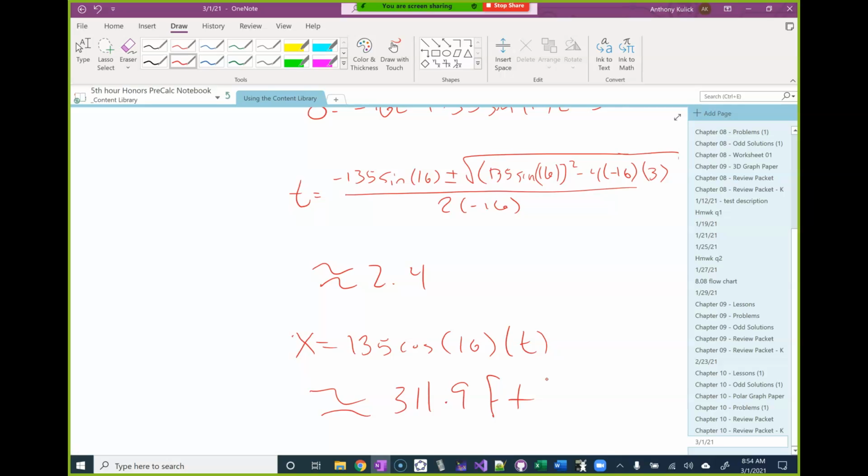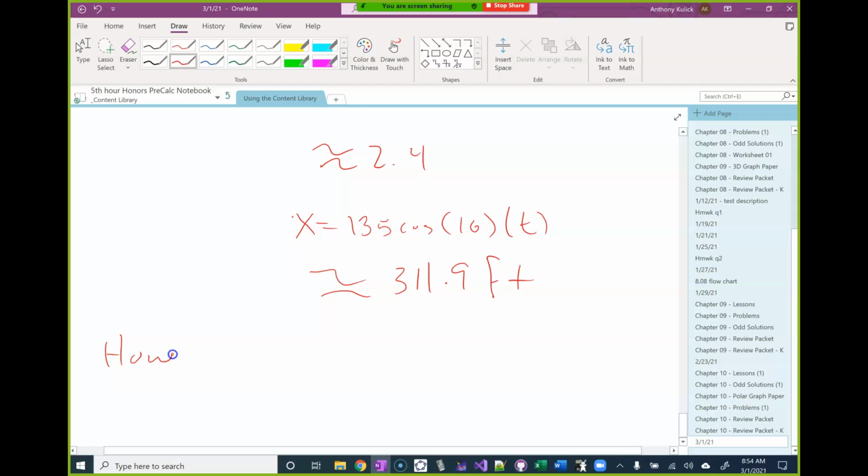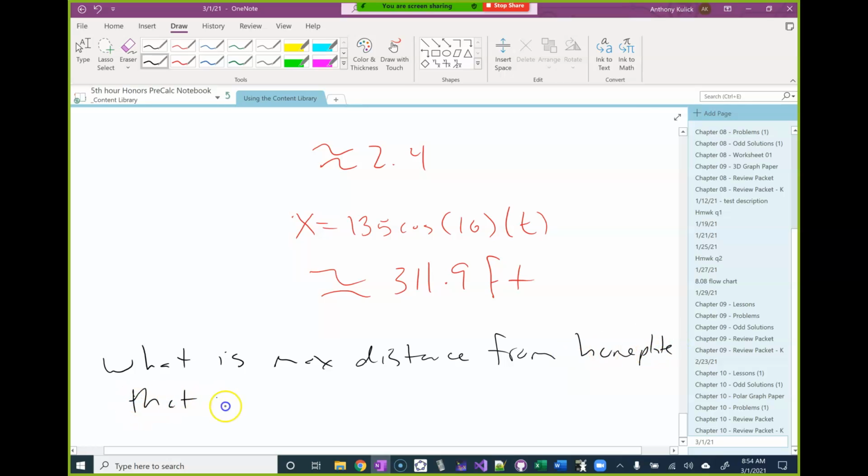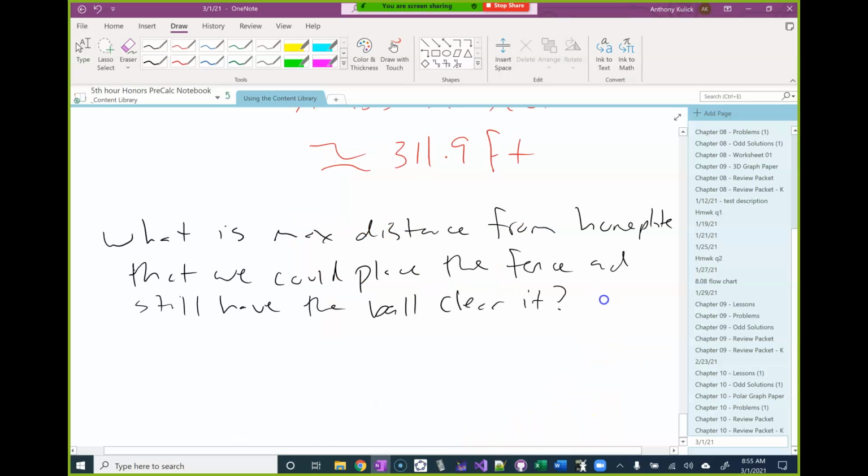One more question we could ask. What if we asked what is the maximum distance from home plate that we could place a fence, that same 15-foot tall fence, and still have the ball clear the fence?